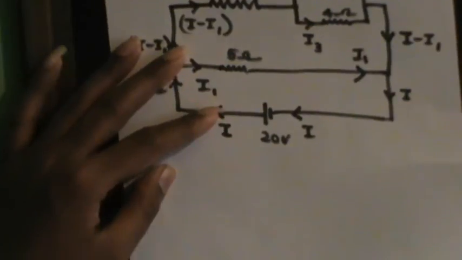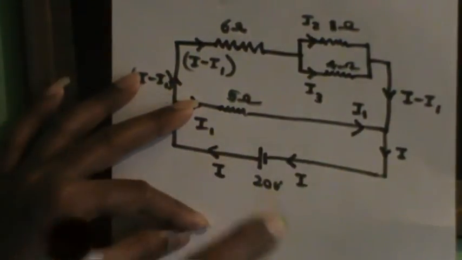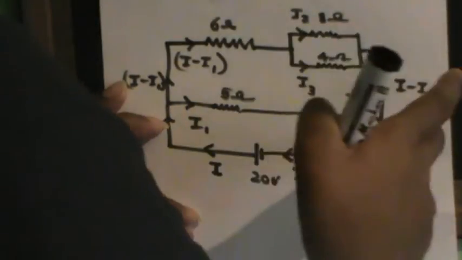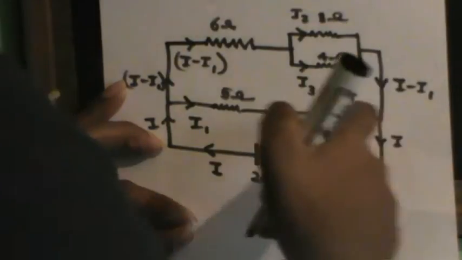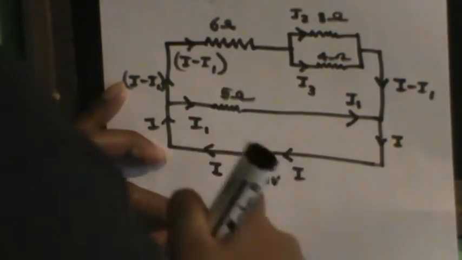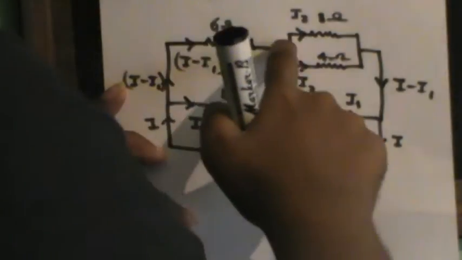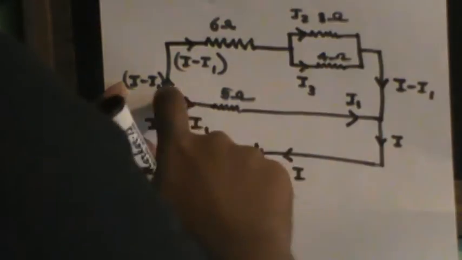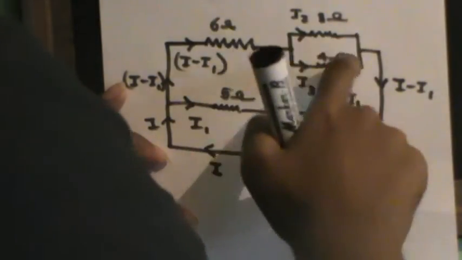As in the last one, you can take loops here. In the last video we took only 2 loops, but in this video we can take 3 loops. One loop is the bottom one, this rectangle. The second one is this one, and the third one is this small loop.